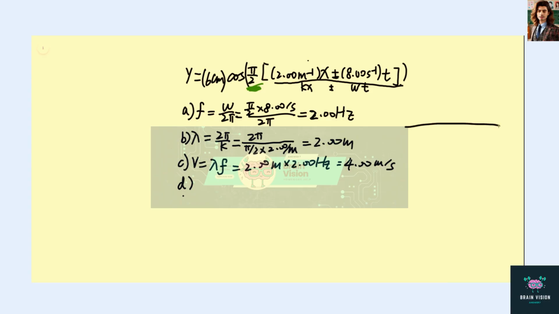So if we have the standing wave, at x equals 0 it's going to be some form of, I'm guessing, something like this. And we are looking for the nodes with smallest, second smallest, third smallest value of x, and then we are also looking for the antinodes with smallest, second smallest, and third smallest value of x.